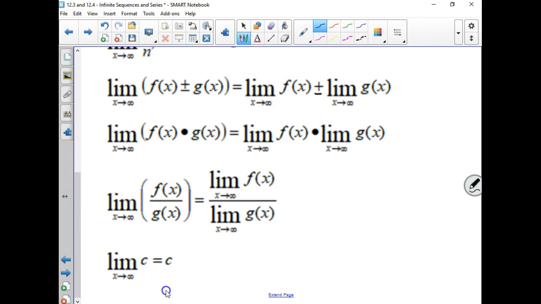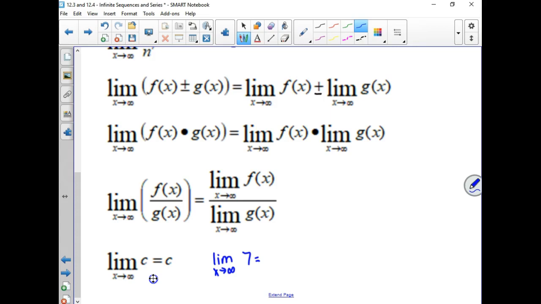And then this last one is a little strange. It's the limit as x approaches infinity of c, where c is some sort of integer. An example would be the limit as x approaches infinity of 7. As x gets bigger and bigger, 7 doesn't change because it doesn't have an x with it.